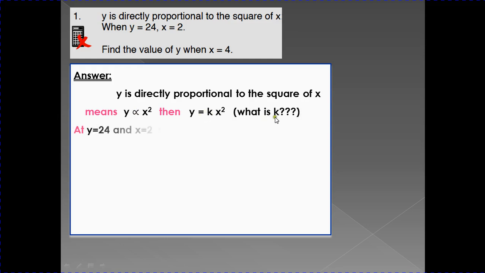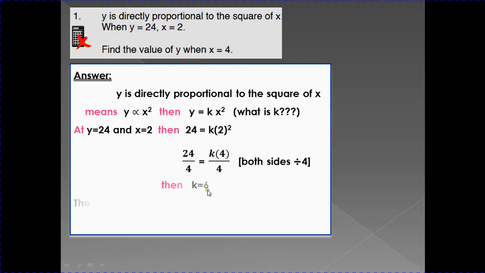What is k? K is a constant, it can be any number. Then when we substitute y equals 24 and x is 2, then 24 equals k bracket 2 square. We get 24 equals k multiplied by 4, then divide by 4 each side to get the value of k. It is 24 over 4, it will be 6.